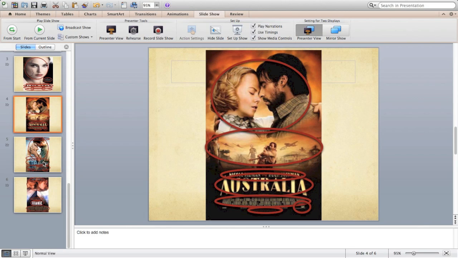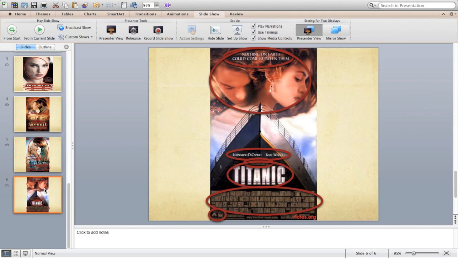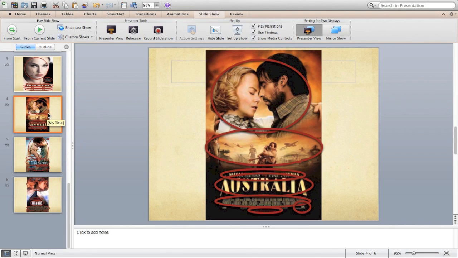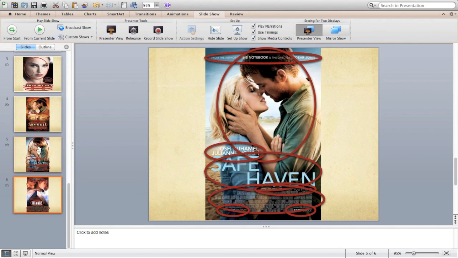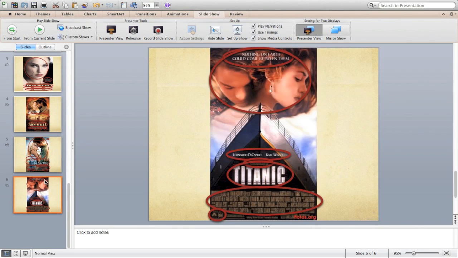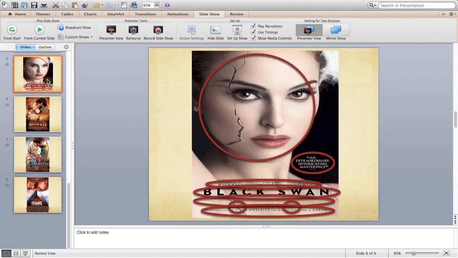You also have websites at the bottom of these ones which probably give you more details about the film, but it's not very big on the poster, so it's probably not that noticeable. And every single one has the actors' names, generally by the title, but that's not always the case. And this one has the quote.